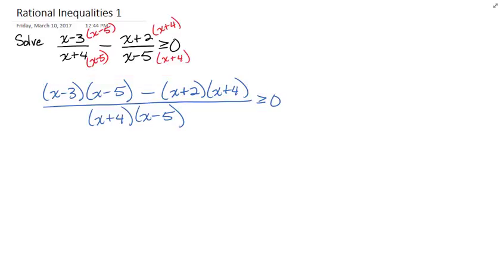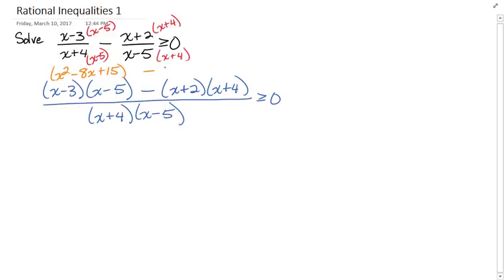So let's just do that right here. We'll FOIL these two out above one another. So this one becomes x squared minus 8x plus 15. And then minus, this one becomes x squared plus 6x plus 8.